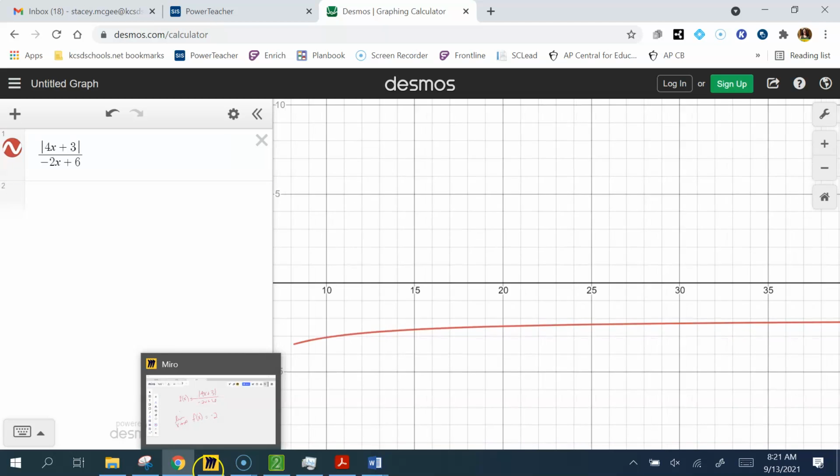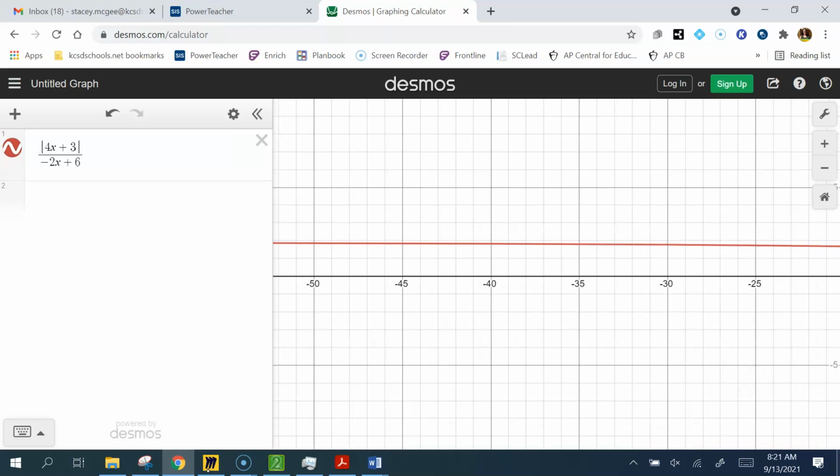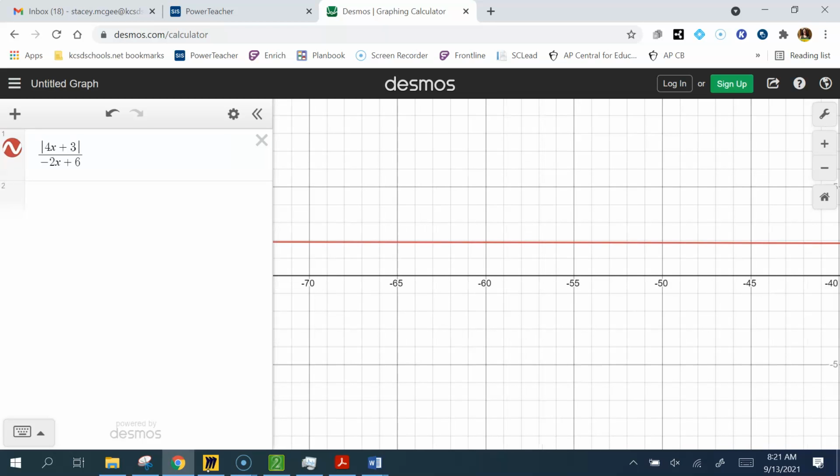And then part B says as I approach negative infinity. Same thing, I just went in my table and changed all those values to negative 100, -1,000, -10,000 to see what it approaches, and it approached +2 there. So part B would be +2.